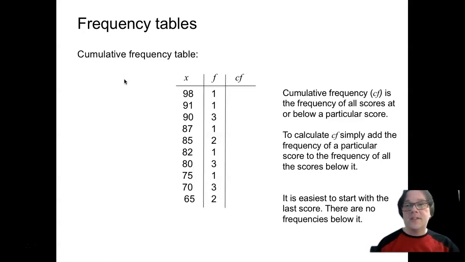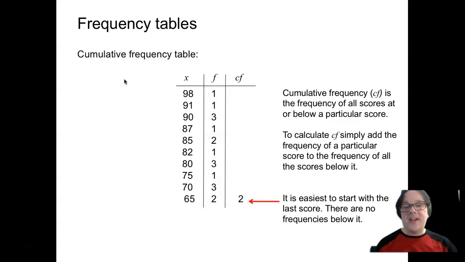Our last score is a 65, and we know we have 2 of those scores. So our cumulative frequency at 65 is just 2. There are no scores below it, and remember, cumulative is all-encompassing.